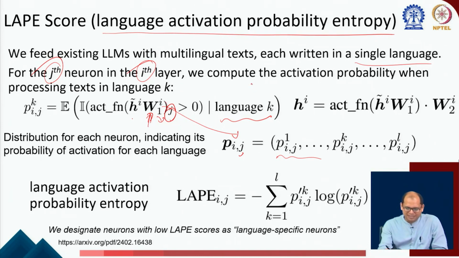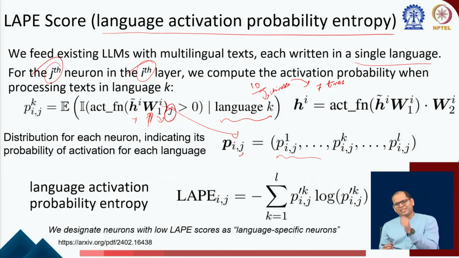So, let us say I pass 10 sentences for language Chinese. I compute this, after applying the activation function, is this greater than 0? So, let us say it is greater than 0 for 7 out of 10 times. So, my probability is 0.7. So, that means this particular neuron is activated with a probability of 0.7 for this particular language, and this probability may be different across languages, right.